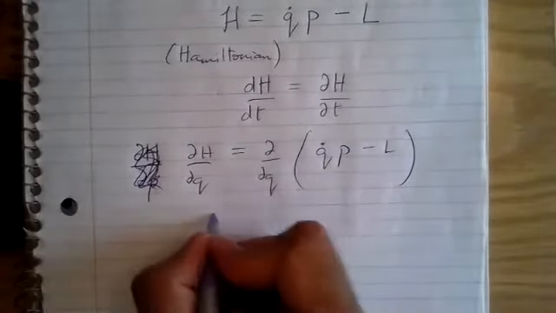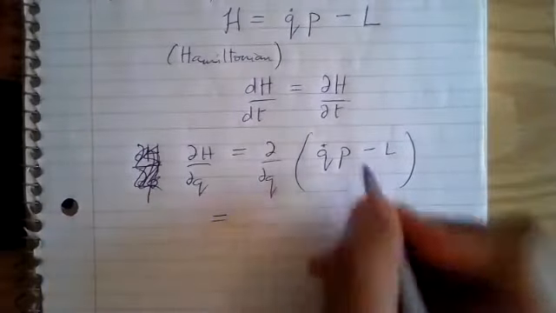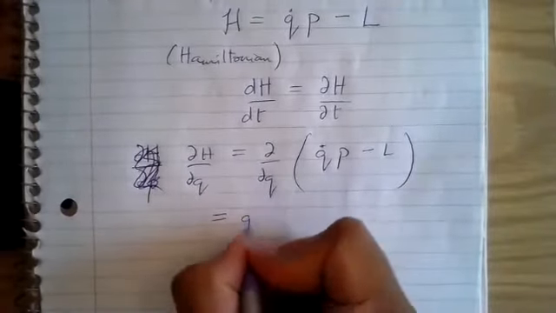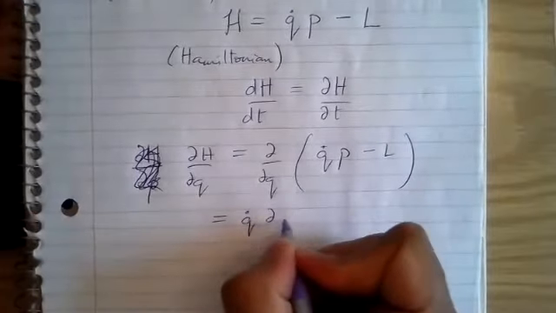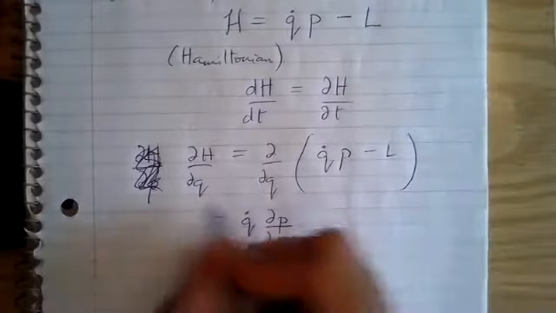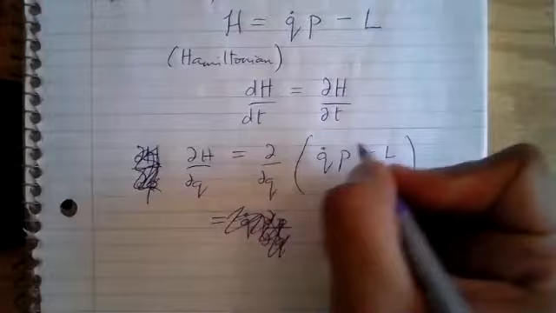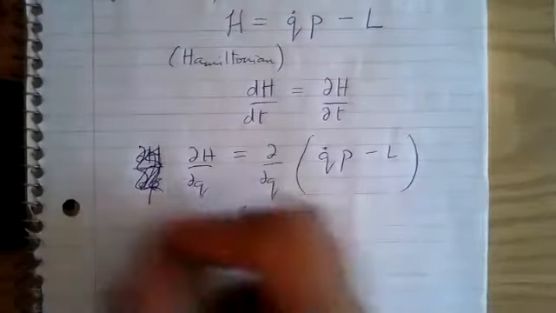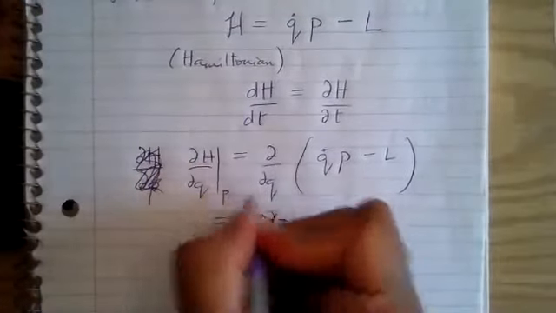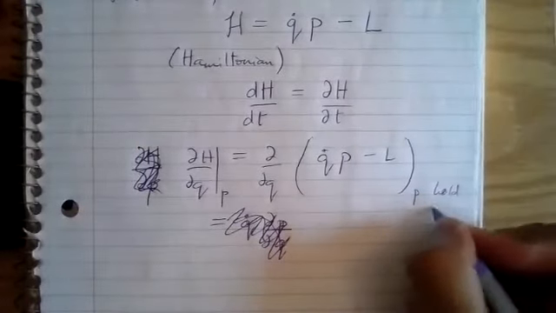Okay, so q dot is independent of q, but p need not be. Oh, hold on, sorry, my mistake. I should specify what we're holding constant. So this is actually the partial derivative holding p constant. So p held constant.